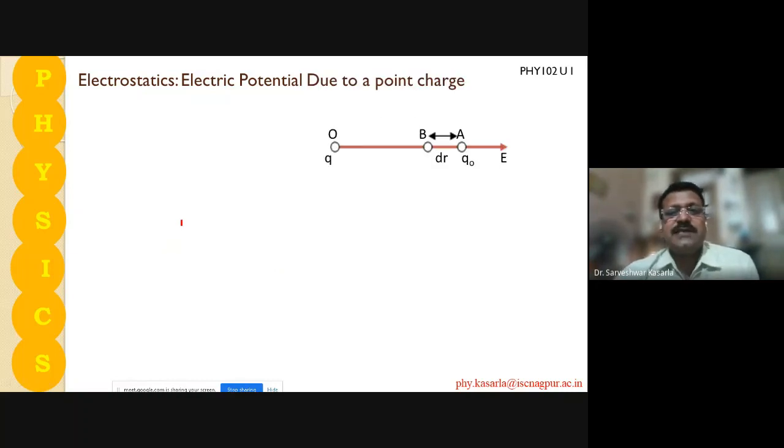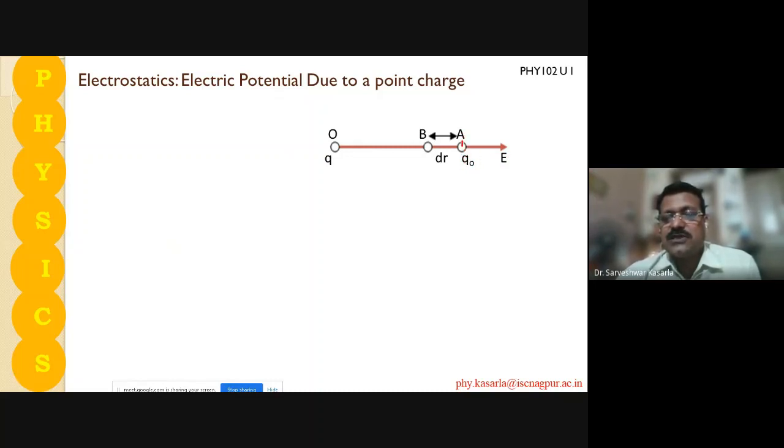So let us consider the expression for the potential. Here at point O there is a charge q, and its intensity will be along this direction. This is the direction of intensity, and at point B we have the test charge q0.